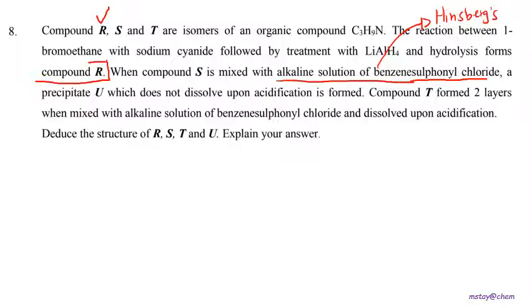A precipitate U does not dissolve upon acidification. The acidification here means that it will react with the HCl. So from here we get the idea that compound X is a secondary amine.